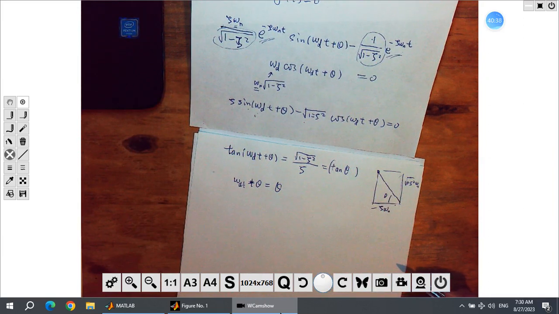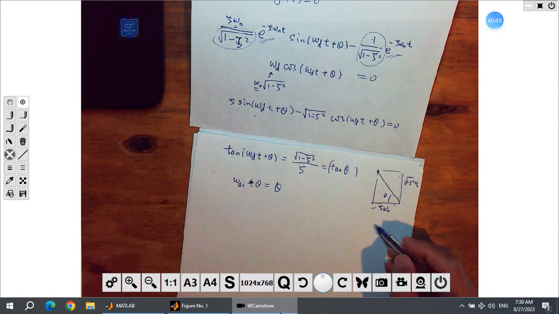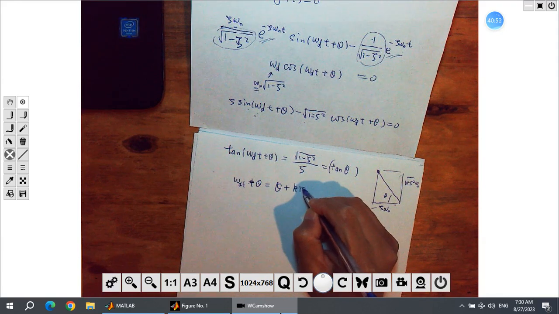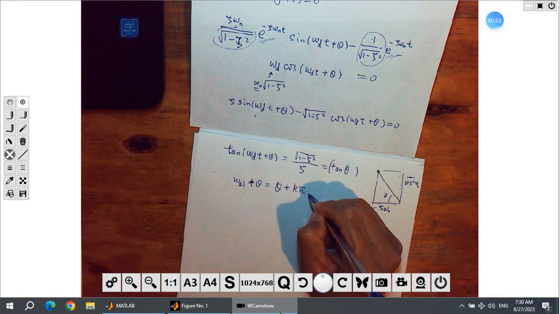So we have a period. What is the period of this tangent? Tangent's period is pi, right? So plus k pi. This is t.